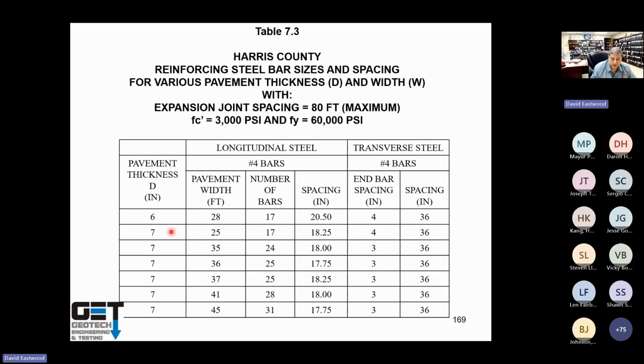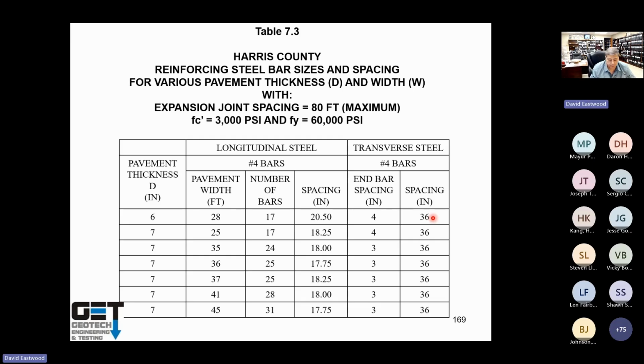This is a typical steel placement in some of these roadways for 3,000 psi concrete and 60,000 psi steel. You've got number 4 bars at 20.5 inch spacing for longitudinal steel. For transverse steel, number 4 bars, 36-inch spacing.